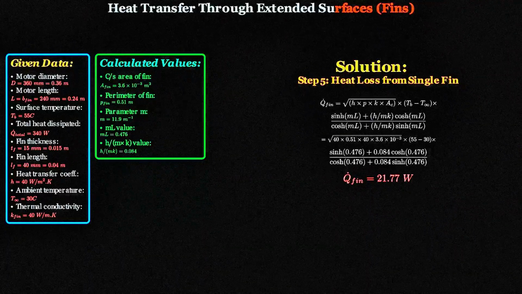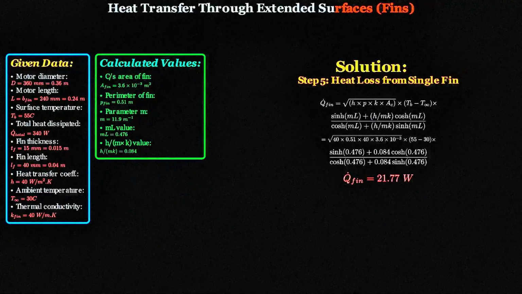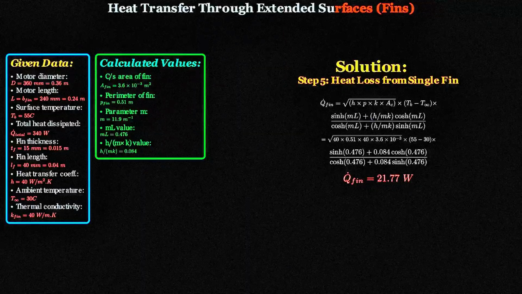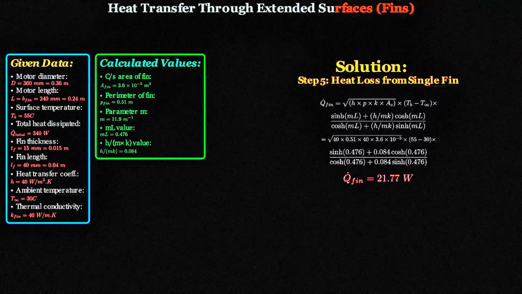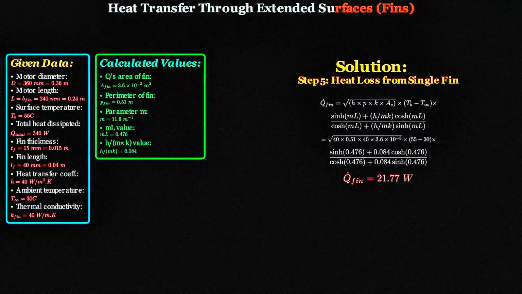The correction factor equals 0.5876 divided by 1.1567, which is 0.508. Therefore, Q dot fin equals 17.14 times 25 times 0.508, which equals 21.77 watts. Each fin dissipates 21.77 watts.